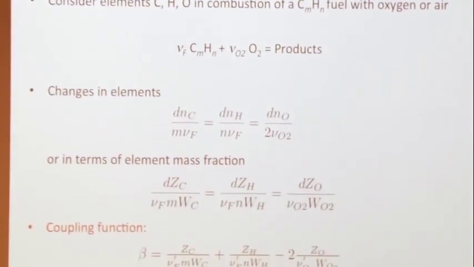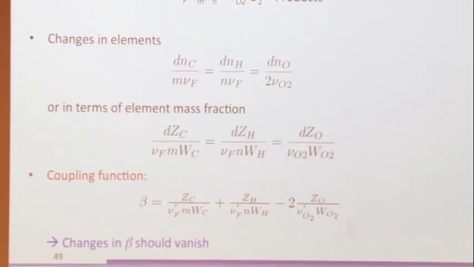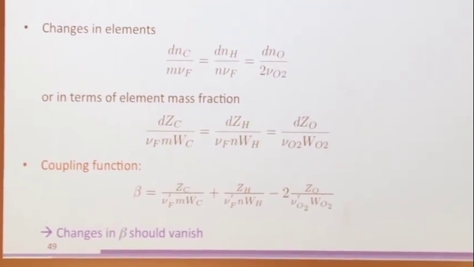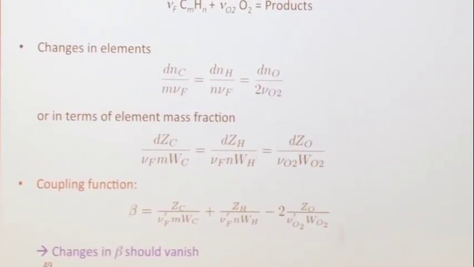So now again, we can write these coupling functions. Earlier we wrote this thing that just tells you how often a reaction takes place. Now we can measure how much, in a certain time, let's say, how much carbon we consumed. How much carbon we consumed, divided by the number of carbon atoms in this fuel, gives us the number of fuel molecules we consumed, and then we are back to this, divided by the stoichiometric coefficient.